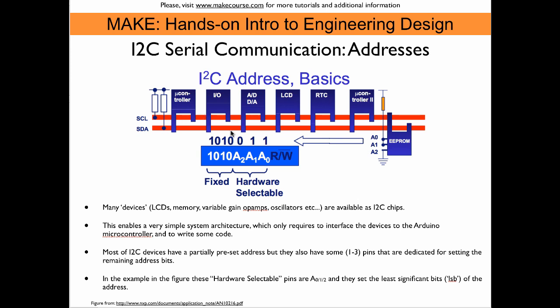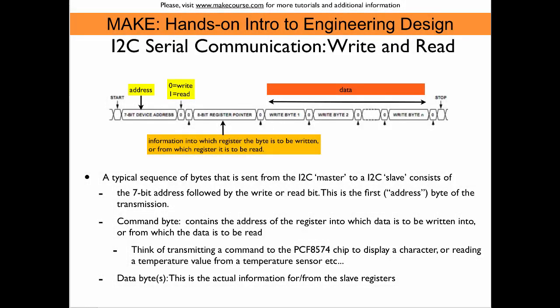The addresses of these devices are basically these 7 bits that I just talked about, and usually the manufacturers fix a few of these bits, and then they allow the user to select the remaining bits by setting pins low or high that are on the chip package. On this figure you see a schematic of a typical communication sequence between the master and a slave.